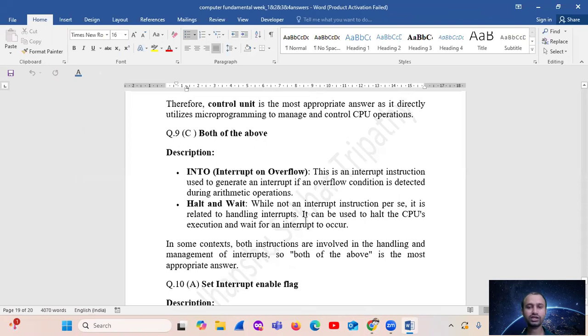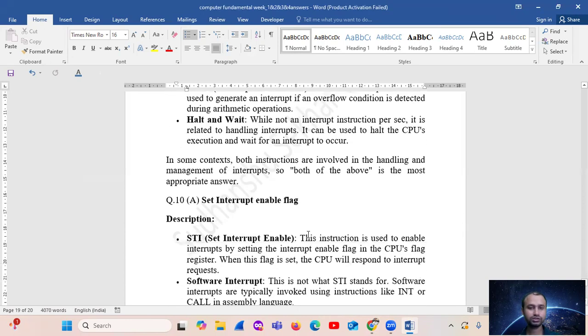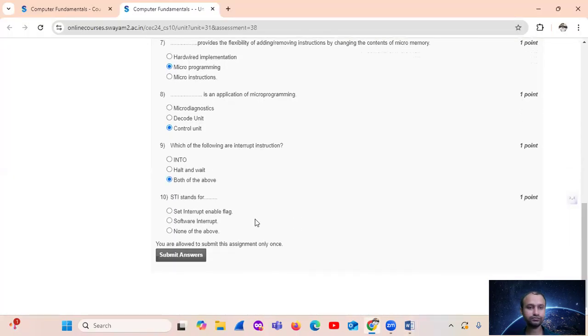While not an interrupt instruction itself, it is related to handling interrupts. It can be used to halt the CPU's execution and wait for an interrupt to occur. So both of these are the most appropriate answer.